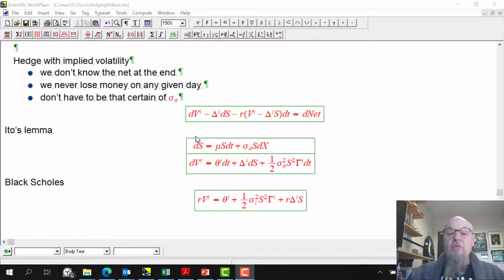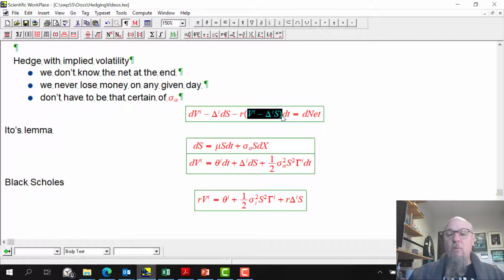All right, let's start by setting up a portfolio where I buy the option. I buy the option for V superscript I, because the option is priced using implied volatility. I short delta superscript I, because I'm using the implied volatility to calculate delta. I short that much stock.